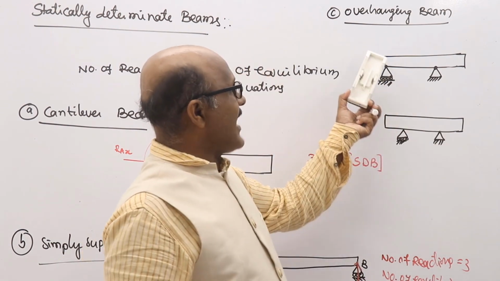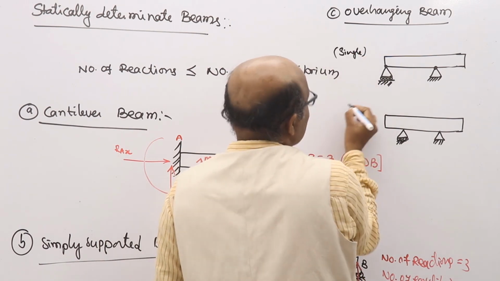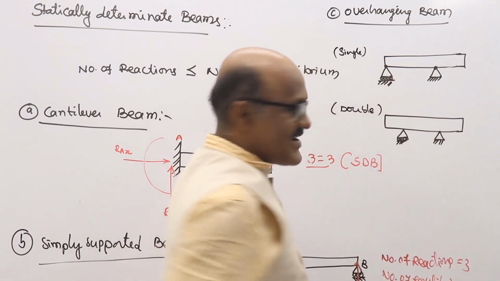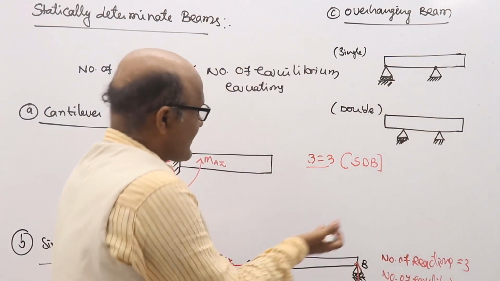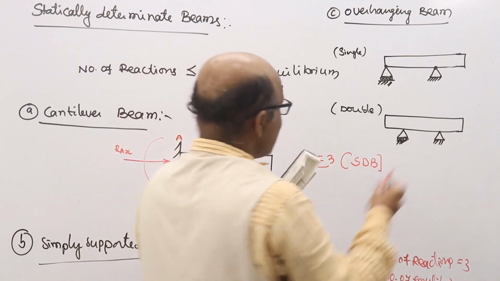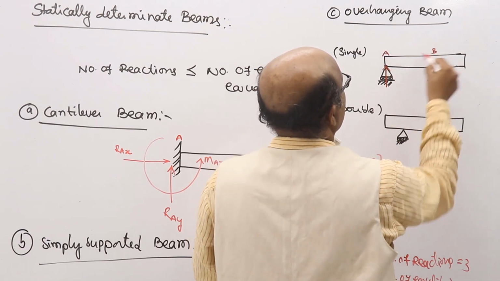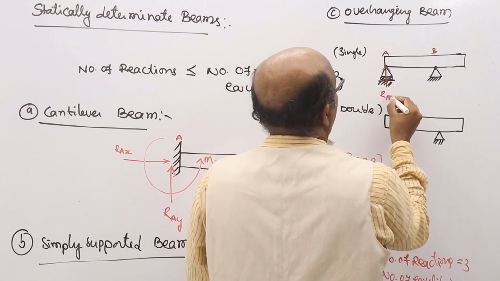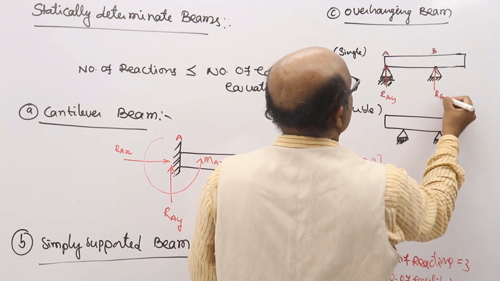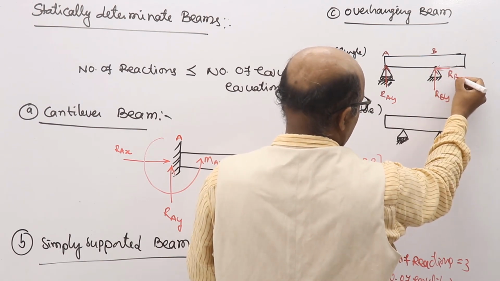It is a single overhanging beam. It is a double overhanging beam, my dear students. But the reactions are the same. Here is a roller support, one reaction. This is A point, this is B point. This is RAY, this is RBY, and there is RBX.